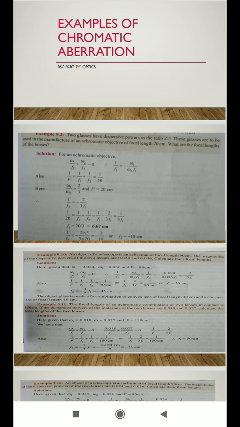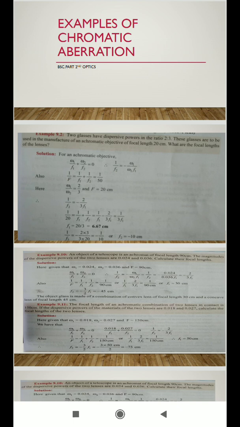Since in this case the ratio of dispersive powers, omega 1 upon omega 2, is given by 2 upon 3, and we also know that the total focal length of the combination is 1 upon f1 plus 1 upon f2 is equal to 1 upon 20. This is 20 here in place of 150.